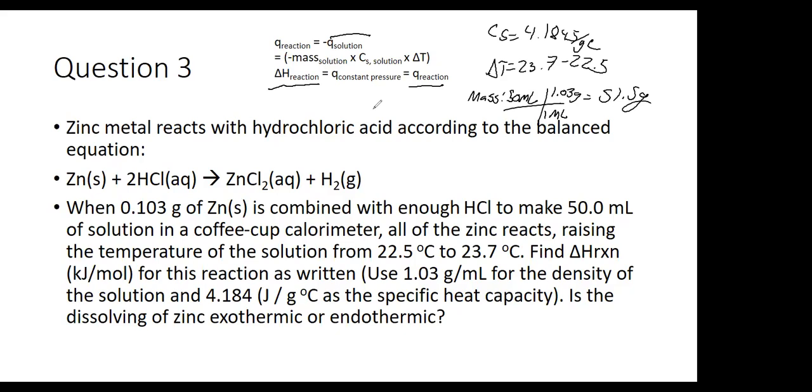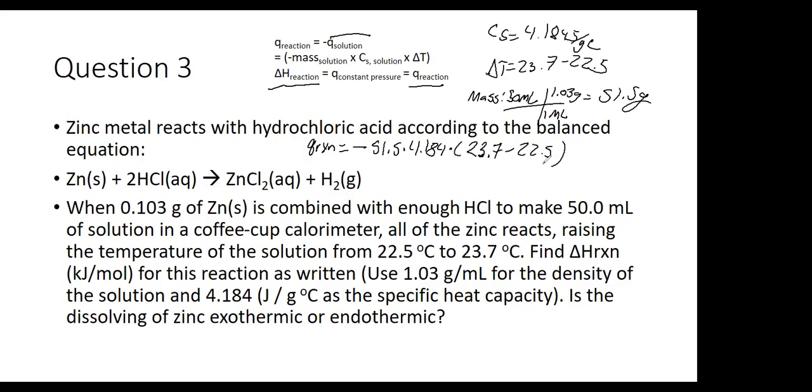All right, so let's solve for Q reaction, right? Dissolving this zinc, how much heat was absorbed or released? So Q reaction equals negative mass, which is 51.5, multiplied by 4.184 multiplied by my change in temperature, 23.7 minus 22.5.